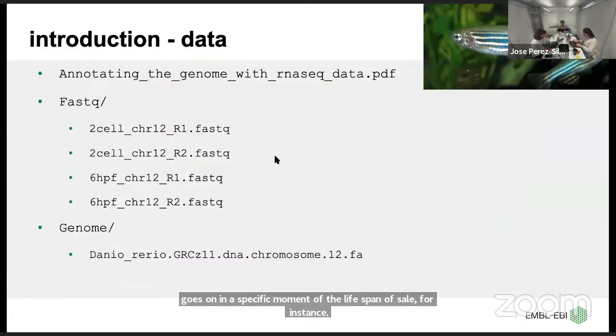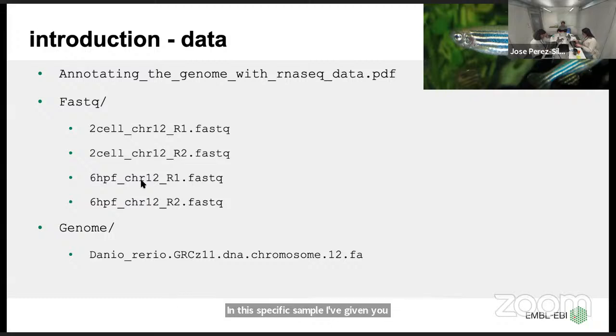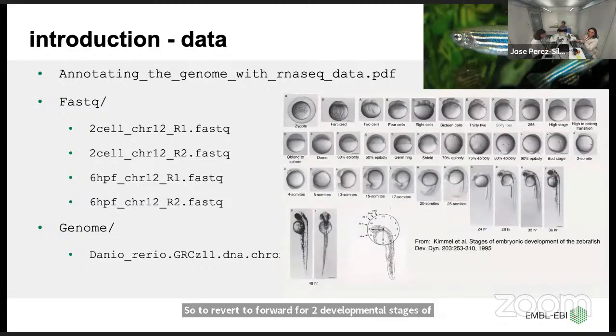In this specific example, I've given you paired-end reads, two reverse, two forward, for two developmental stages of the zebrafish, specifically when it is two cells.